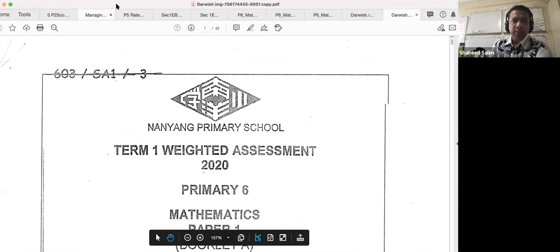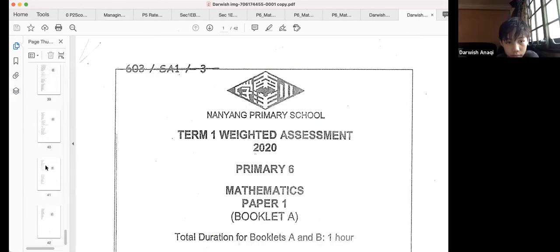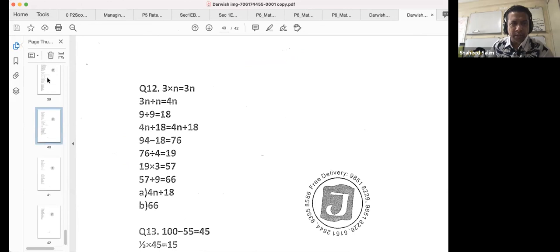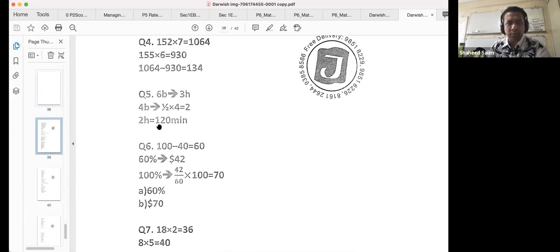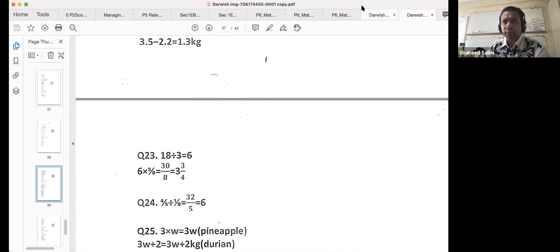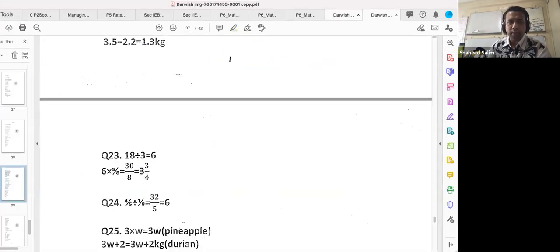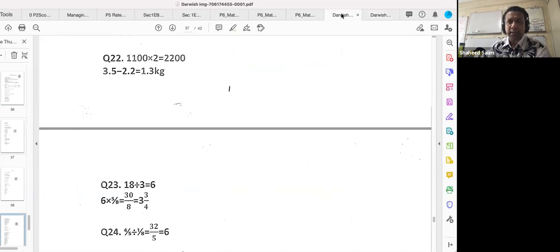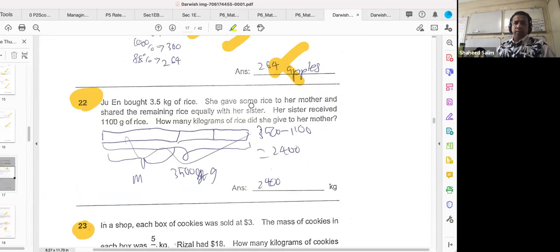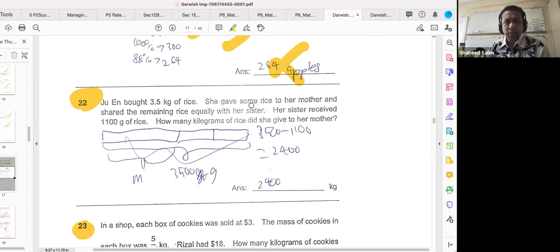This is question number 22. They say 1.3. So let us see now. Her sister received 1,100 grams.